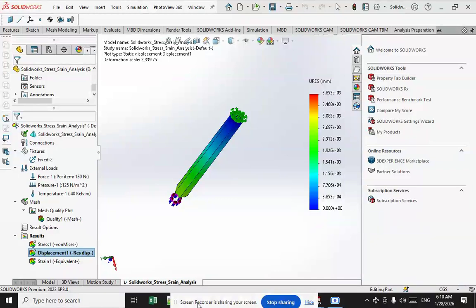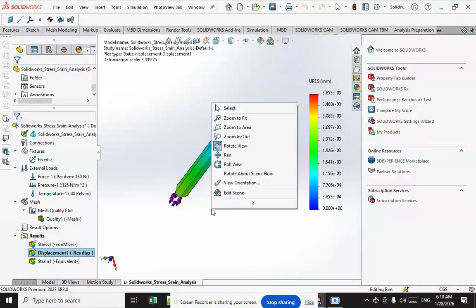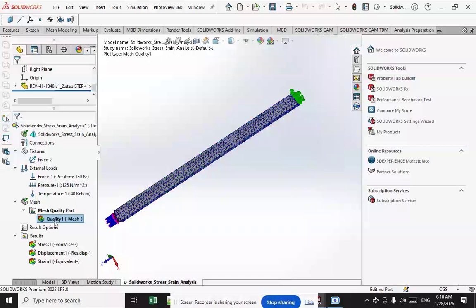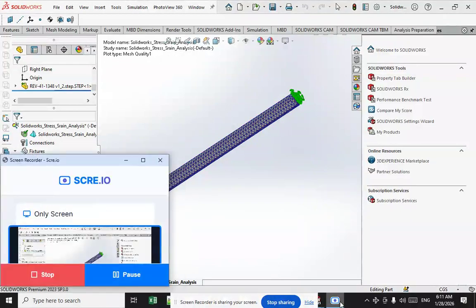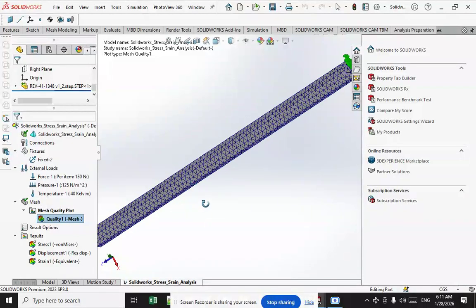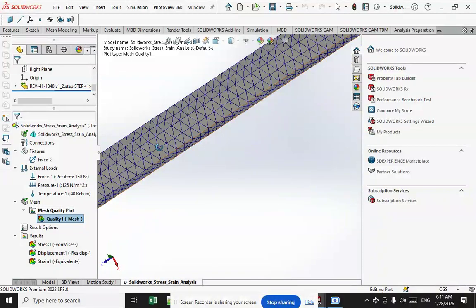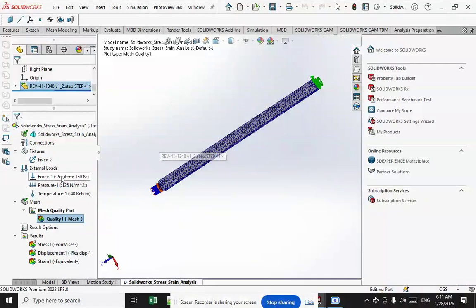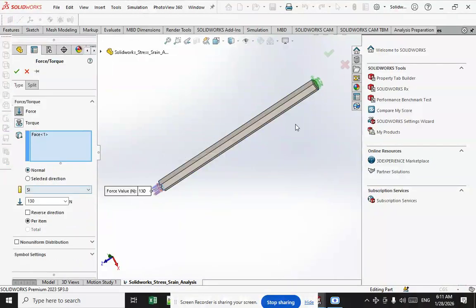So here, as you see, we have a geometry, and in this geometry, firstly, because we are using the finite element method for computing the stress and displacement, we make a mesh as you see, because we have an uneven surface here. We use triangular elements, which is a tetrahedral type of meshing. And then we applied a force.